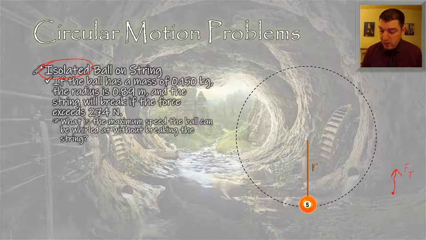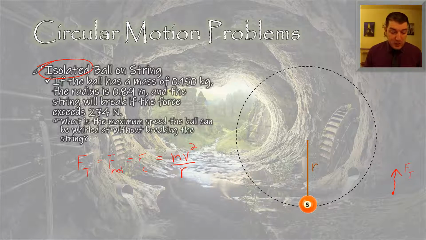Now that we know the force of tension is the only force acting on the ball, it's relatively straightforward to see that the force of tension is equal to the net force, which is equal to the centripetal force, which is equal to mv squared over r.